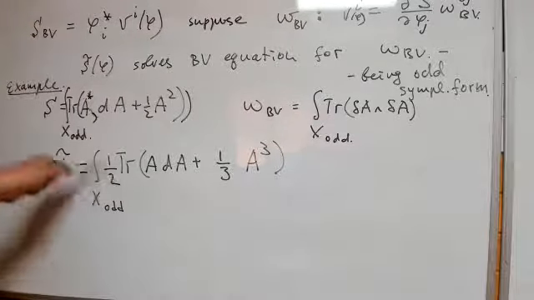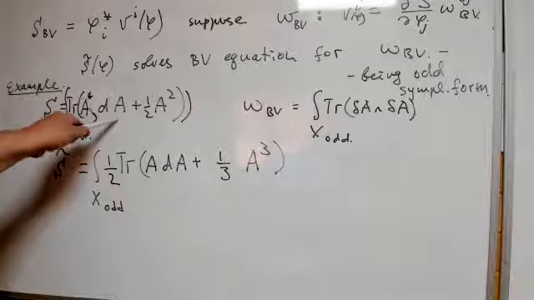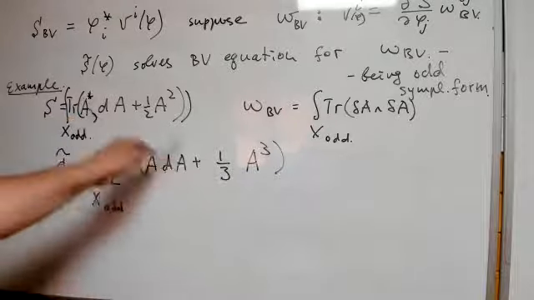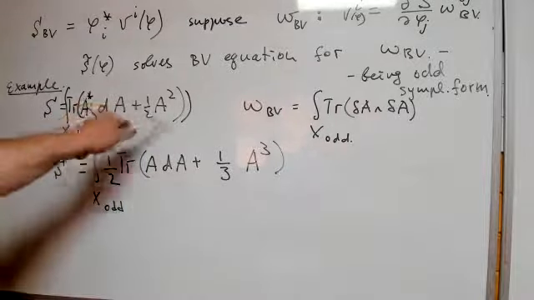So 1/2 comes from the integration of the linear thing, and 1/3 comes from the integration of the quadratic term.